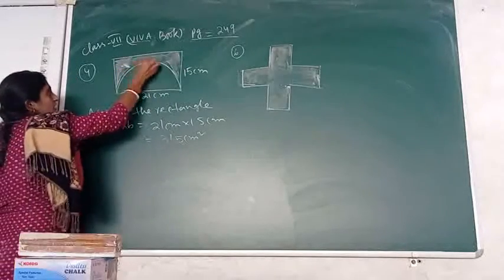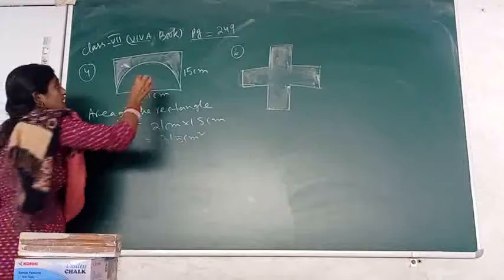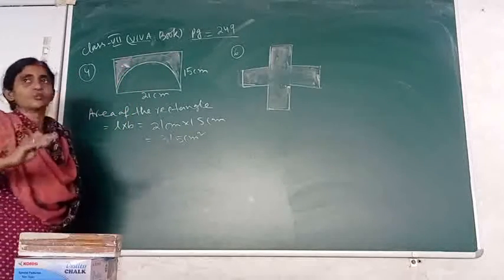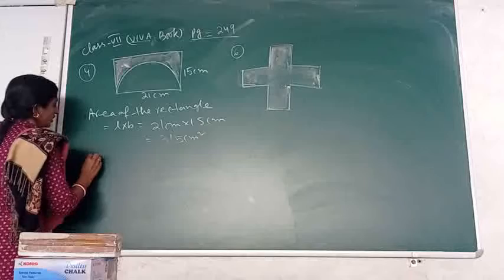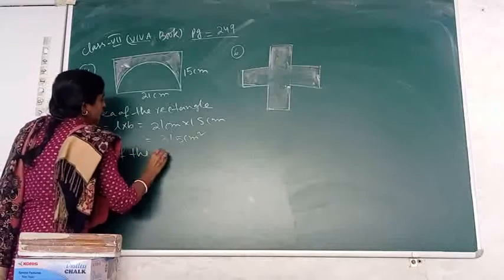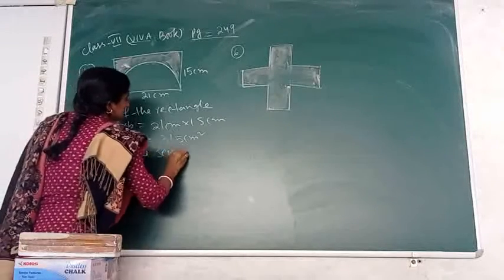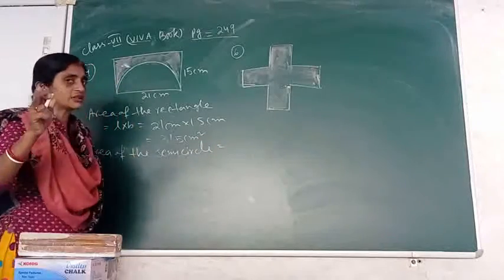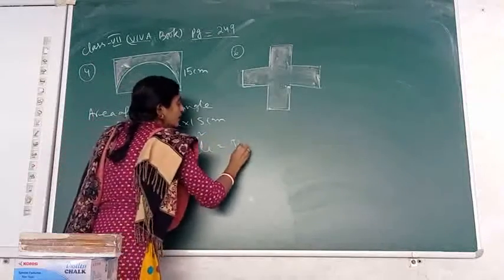But we are not asking the area of the rectangle. We are asking only that part if I will cut out this semicircular part. So let's find out the area of the semicircle. How much it will be? That is equal to, for a circle the area is what? Pi r square.